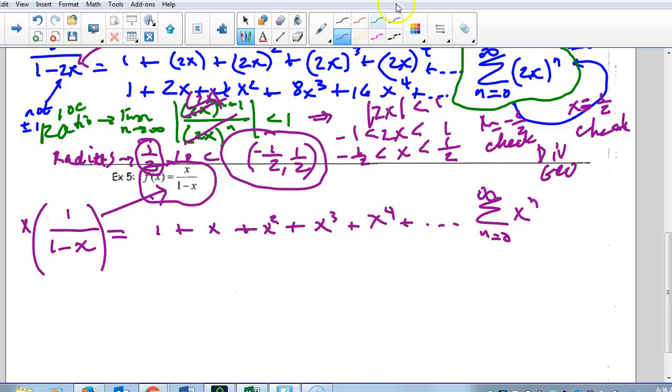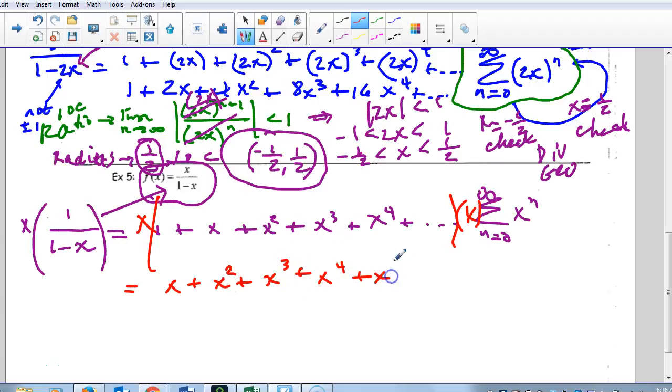But I'm making a cousin of hers, putting an x here. So that will generate a new series, which is great fun. So my new expansion is just x plus x squared plus x to the third plus x to the fourth plus x to the fifth plus blah, blah, blah.